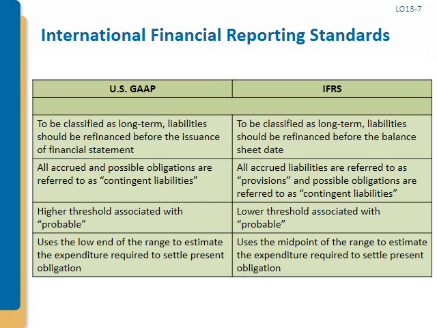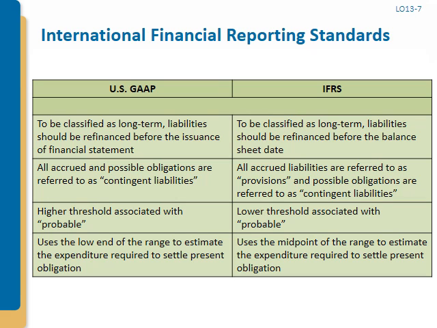First, regarding classification, IFRS classifies the liabilities payable within the coming year as long-term only if refinancing is completed before the balance sheet date. Under U.S. GAAP, liabilities payable within the coming year are classified as long-term if refinancing is completed before the date of issuance of the financial statements.